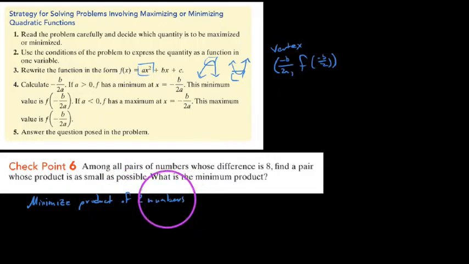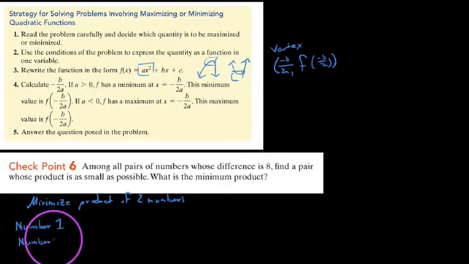So what I'm going to do here is say that we have number 1 and number 2. In terms of their relationship to one another, I'm going to say let x be number 1. And what I know is the difference between this number and the other number is 8.